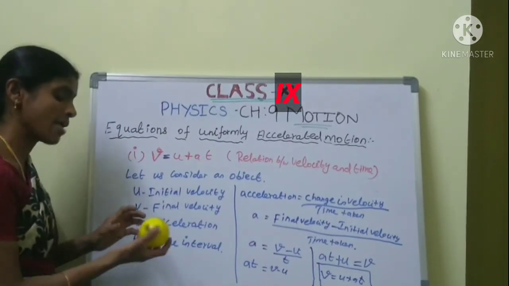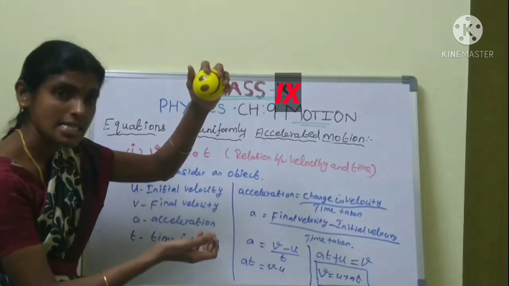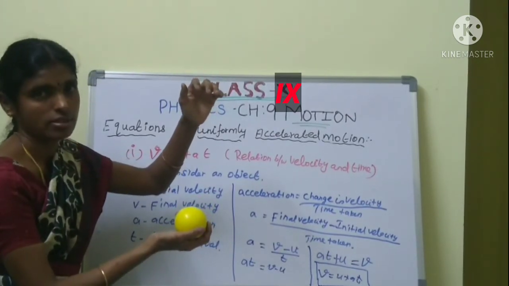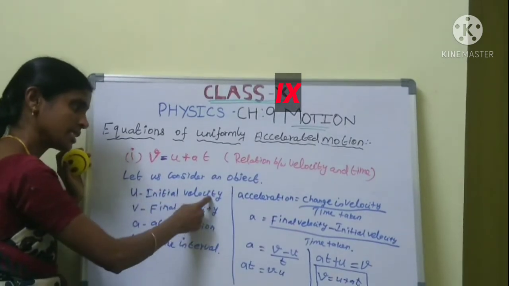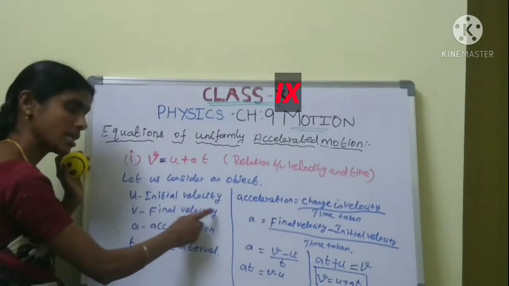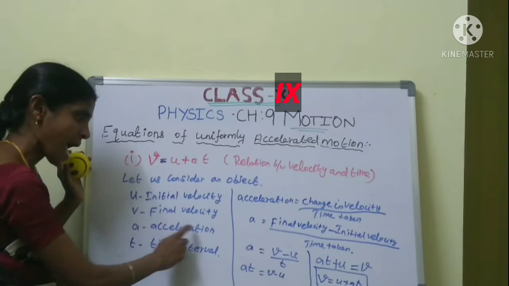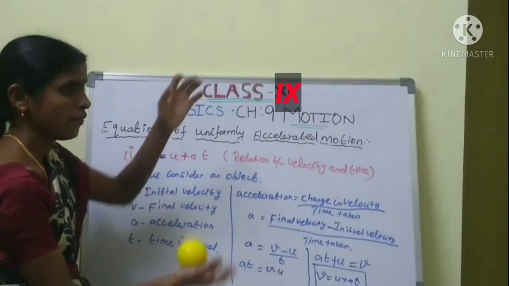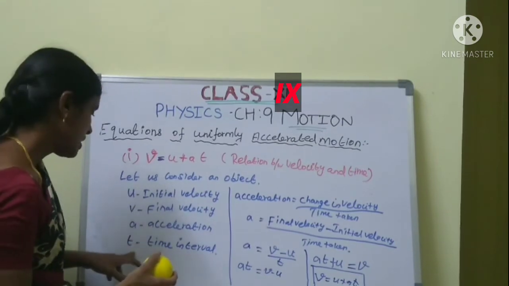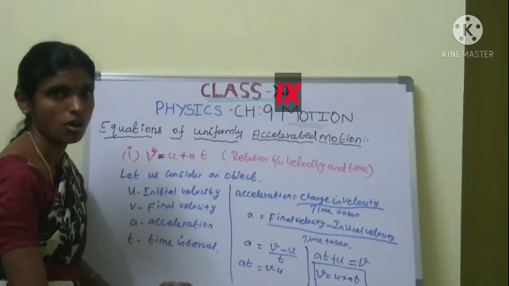An object is going through accelerated motion. See here, u is the initial velocity of the object, v is the final velocity of the object, a is the acceleration. Acceleration is the rate of change of velocity. t is the time interval of the object.